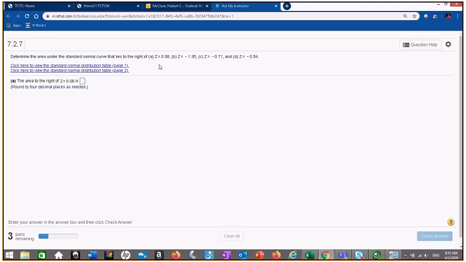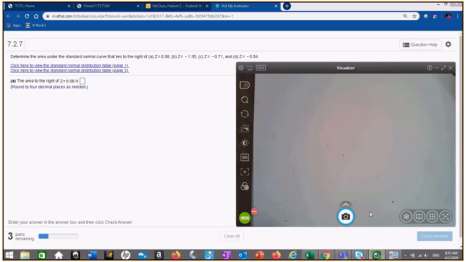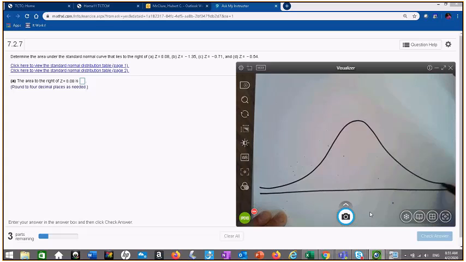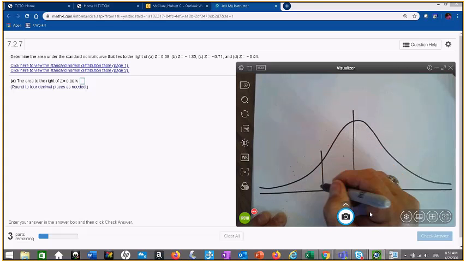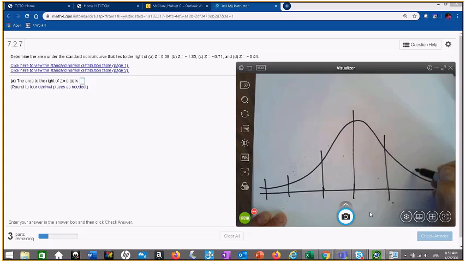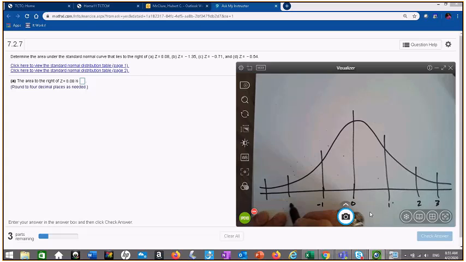So we're going to draw the curve. And I'm just going to bring the curve in. 0, 1, 2, 3, -1, -2, -3.